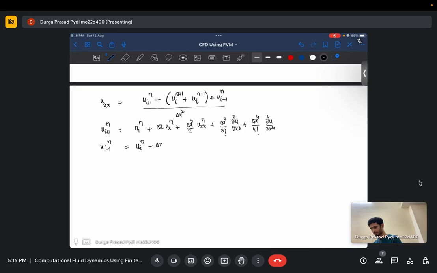So this will be minus delta x times del u del x, plus delta x square term. Again, you will be having alternating plus and minus, with 3 factorial and del cube u del x cube, and then you have a plus delta x power 4 by 4 factorial and del power 4 u del x power 4.